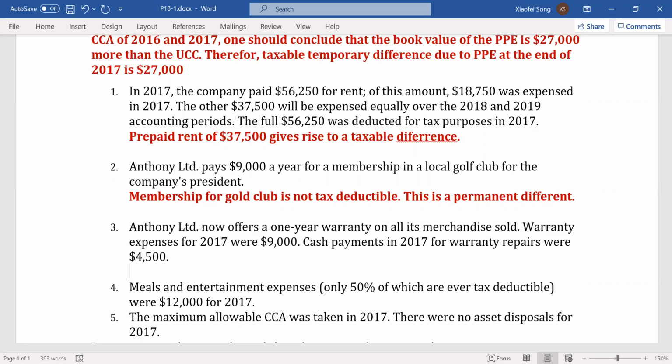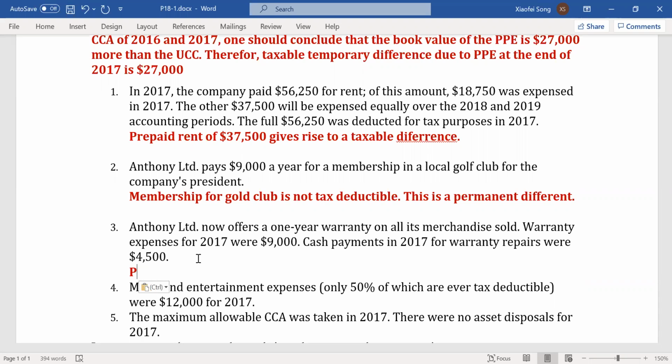For this particular warranty, no more to expense anymore for accounting purposes, but you still have 4,500 to deduct for tax purposes. So is this taxable or deductible? What's the difference between accounting income and taxable income in the future? Less, yeah?